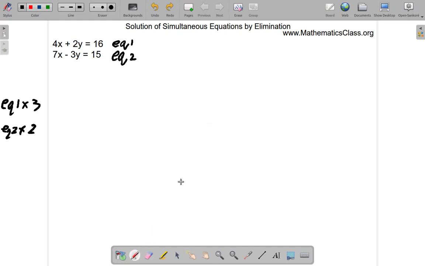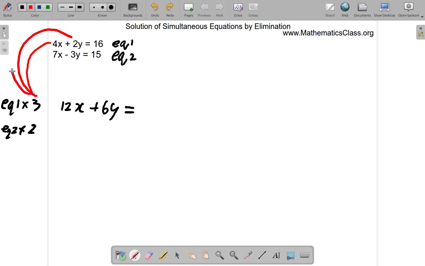Let's use that method. This 3 multiplied by 4 will give us 12x, because we'll have to multiply each term by the 3. Then the 3 multiplied by the 2 is plus 3 times 2, 6y equals.